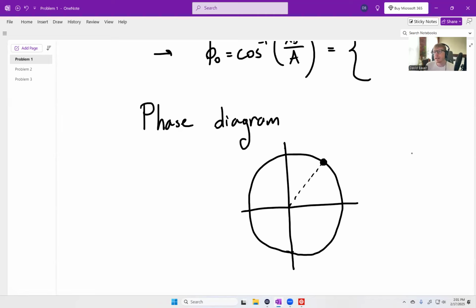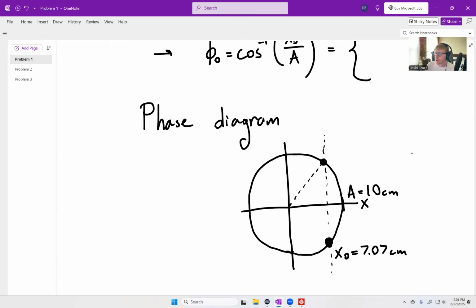Now, when we take the inverse cosine, the two options we have, right, this is our x-axis. So the two options we have are going to be at the same position along the x-axis. Right, here's our x naught. Right, here's our amplitude.